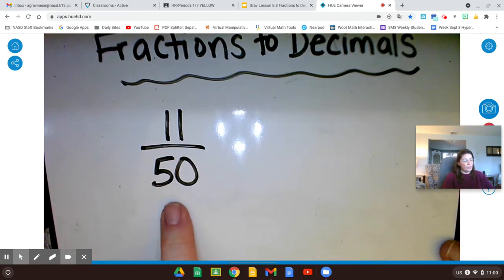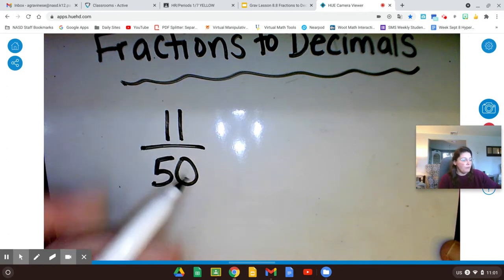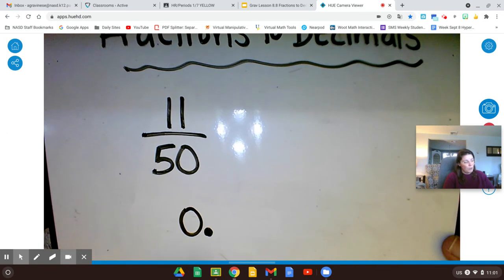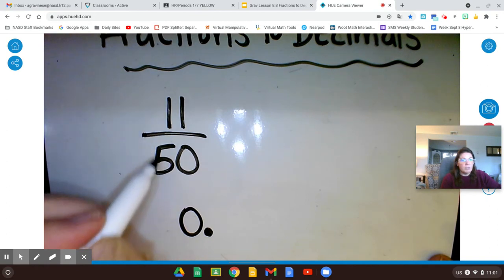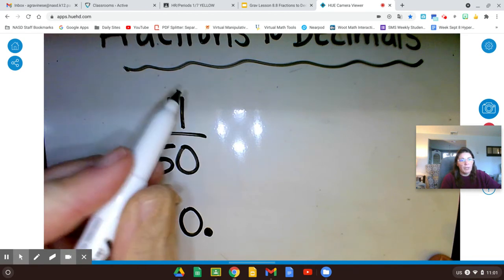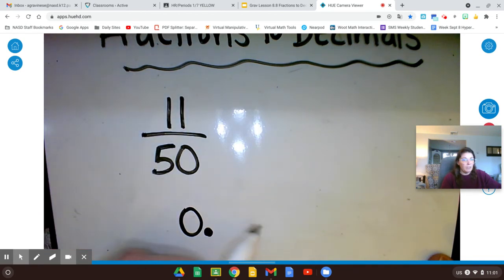So I'm not going to draw a model for this, but I'm going to imagine 11 pieces out of 50. And then I want to say to myself, well, I need to make this a decimal. 11 out of 50 is definitely not a whole. So it's 0 wholes, but I'm going to have some parts. Now, I will give you a heads up that if your denominator is not a 10 or 100, you can't just copy these numbers down into your decimal.